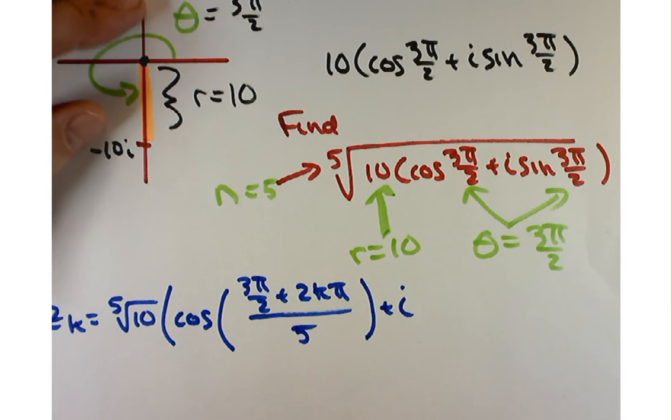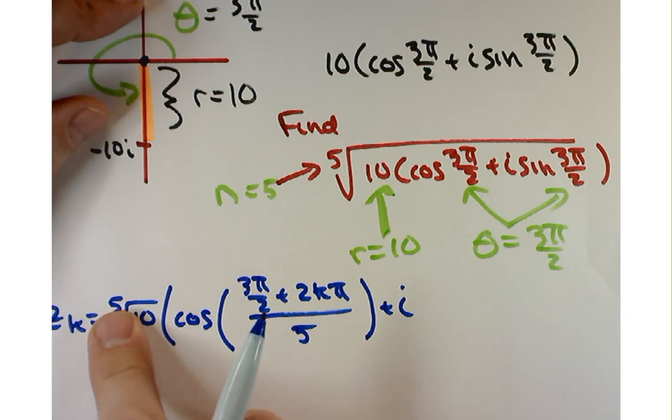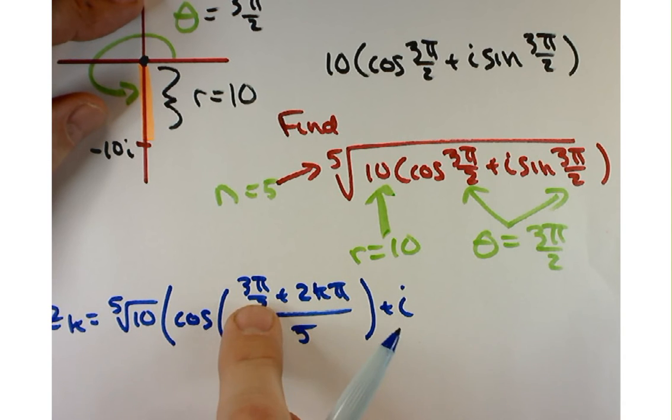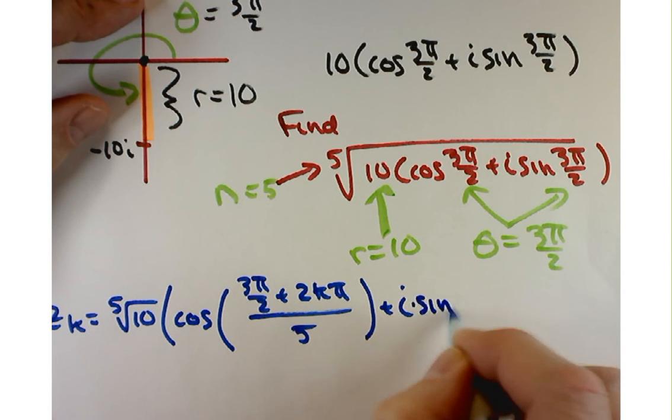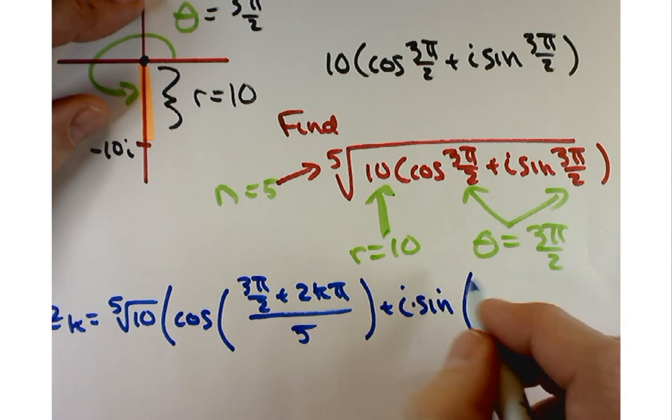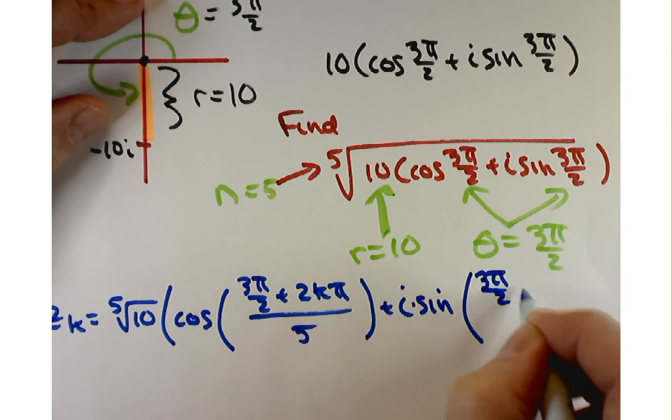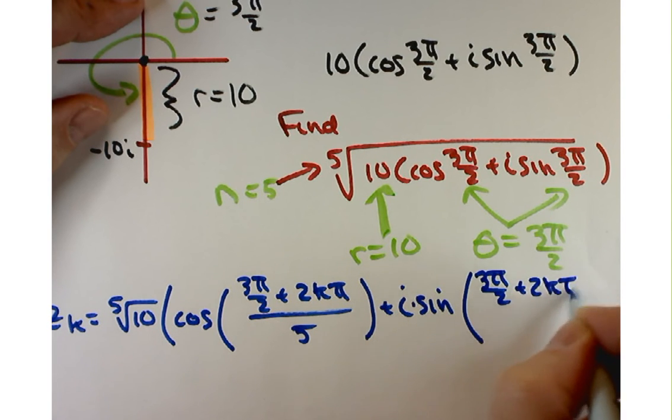So that's the hard part right there, getting all these things in. You've got your 5th root of r, you've got theta and n. This is just kind of a repeat: it's i times the sine of all of this, so 3 pi over 2 plus 2k pi over 5, like that.